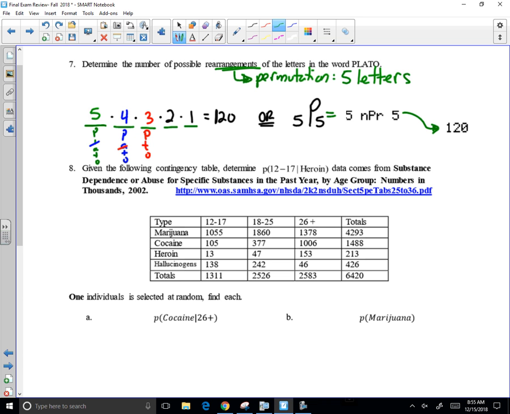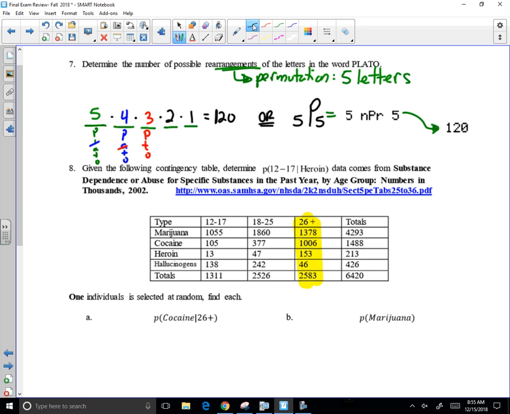All right, number 8 was a contingency table. The first group of questions: one individual is selected at random, find each. Probability of a cocaine user given that the person is in the age group 26 or older. The given component is the area that you're working.